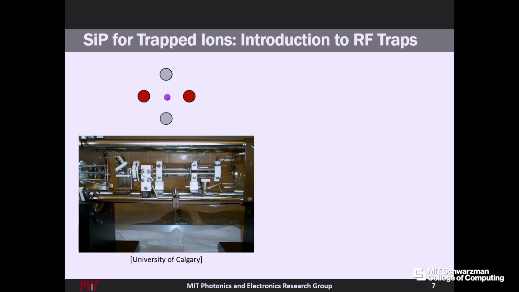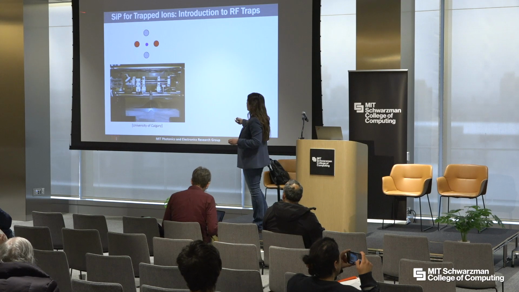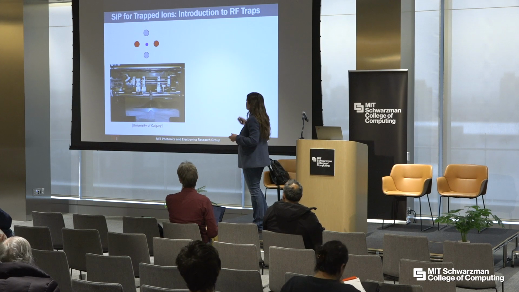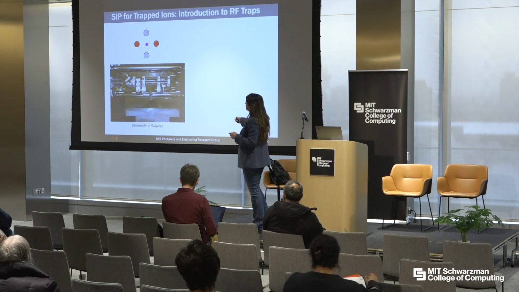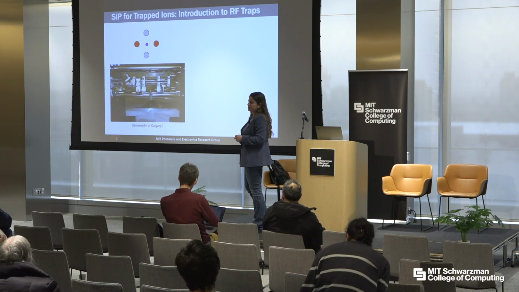Red is the RF potentials, gray is DC potentials. If we apply just the right voltages, we create the correct potential to trap this little charged ion in the center of this trap.